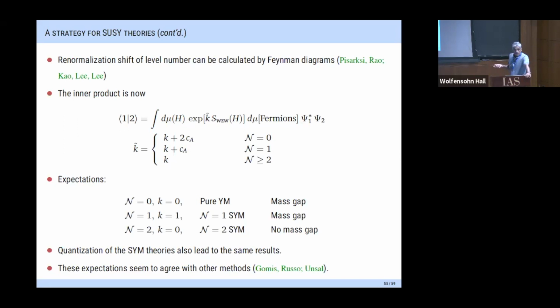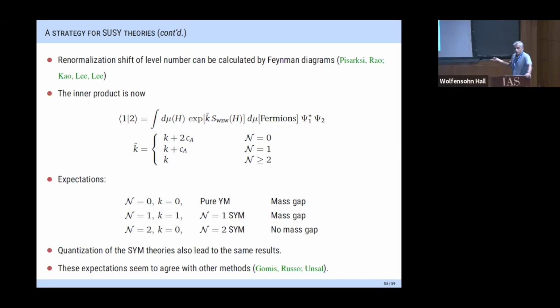You can, of course, ask the question: I gave you a kind of roundabout argument using the measure without having to calculate anything, but can I actually see this if I simply take, say, the n equal to 1 super Yang-Mills theory, sit down and do the various Hamiltonian quantization that I showed you earlier? What do you get? Do you get results which agree with this?